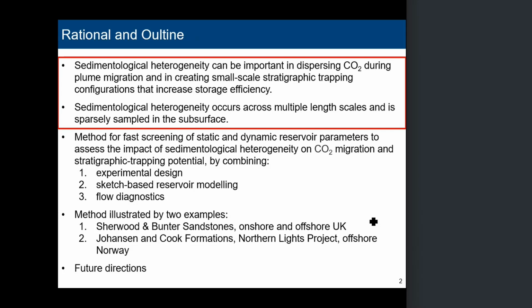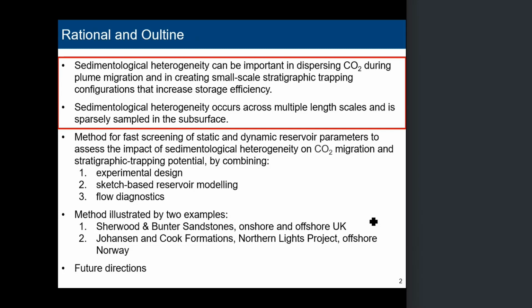Secondly, building those models quickly and effectively using a sketch-based tool, which allows us to build lots of models quickly, in a way that doesn't rely on lots of specialist input, so we can use the tool as geologists rather than as specialist reservoir modelers. And the third part is flow diagnostics. These are again rapid calculations that approximate aspects of the flow. We make some assumptions and simplifications there, but they allow us to very rapidly get an idea of what might be important for flow.